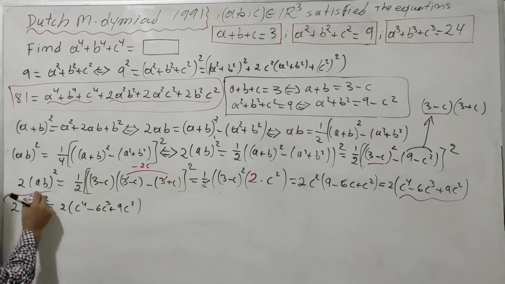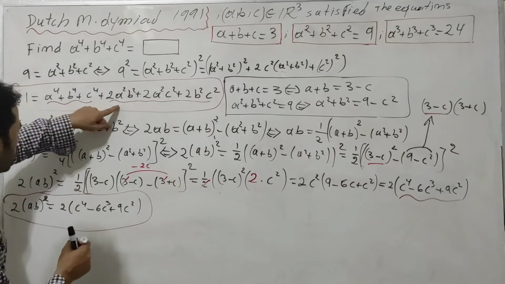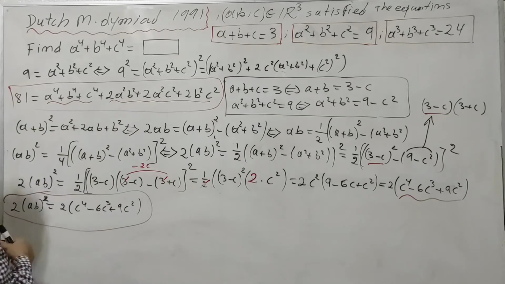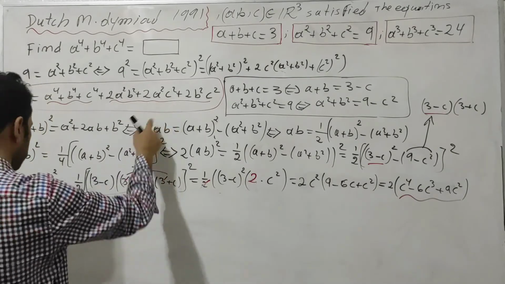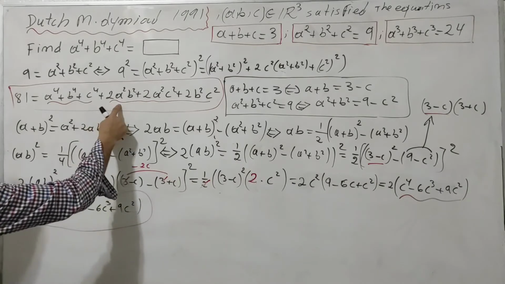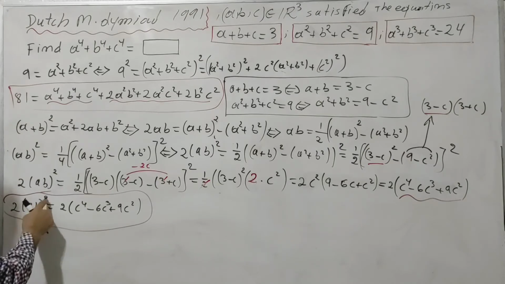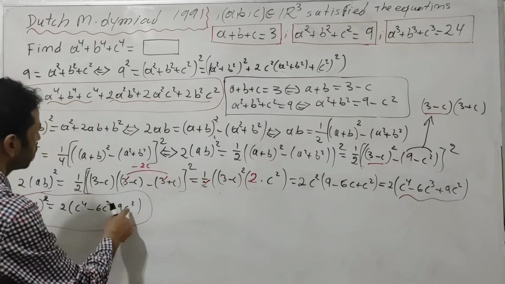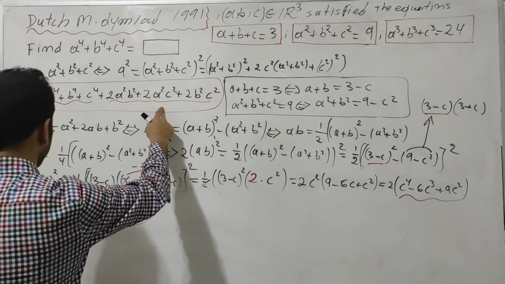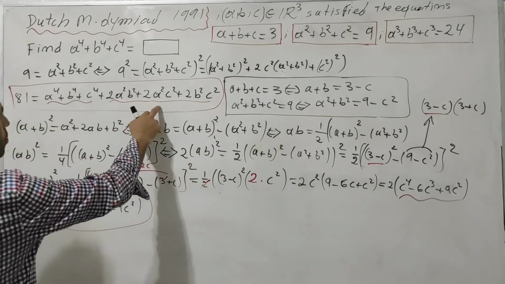This is just the first term of this equation. I just calculated this one. It will be the same thing with B and C. We found this term as the first term, which is 2 multiplied by AB squared equal to this term. It will be the same thing with the second and third terms, because these numbers A, B, and C are cyclic.